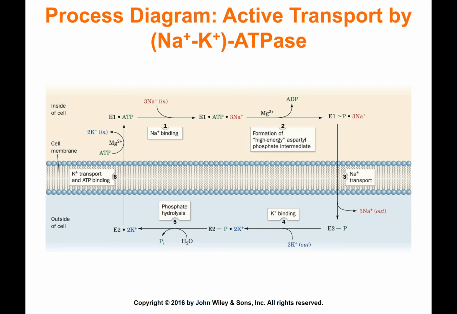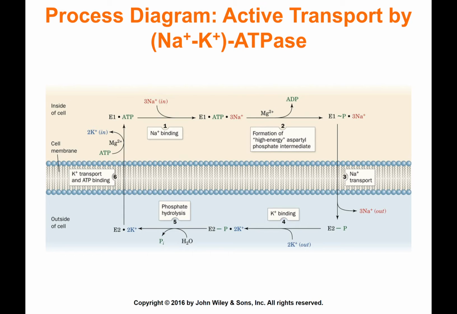Now, at the same time that this is happening, we now have the phosphorylated E2 state. The protein is now open to the outside of the membrane, and part of the reason why it released those sodiums is that the conformational change will also cause the binding sites for sodium to go away and become better binding sites for potassium. So now potassium is able to bind to that open side of the protein.